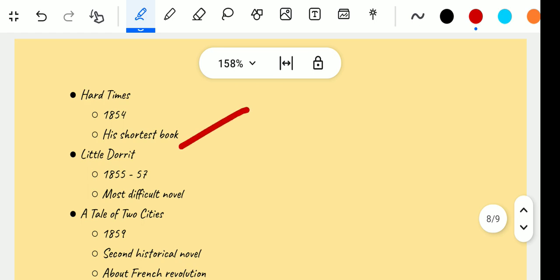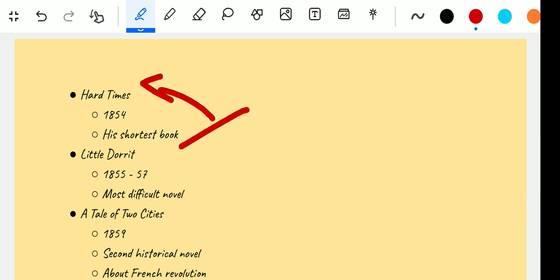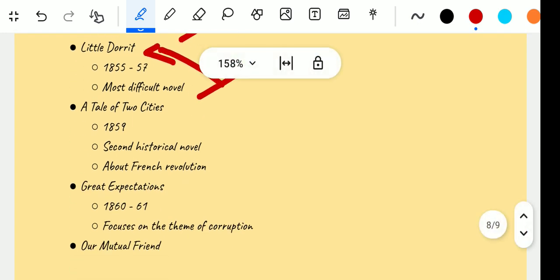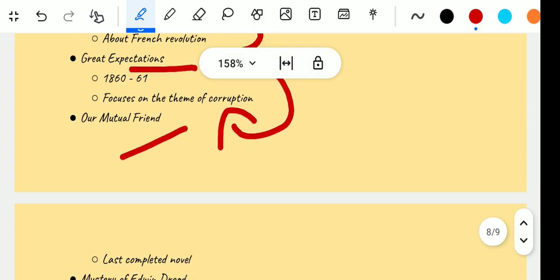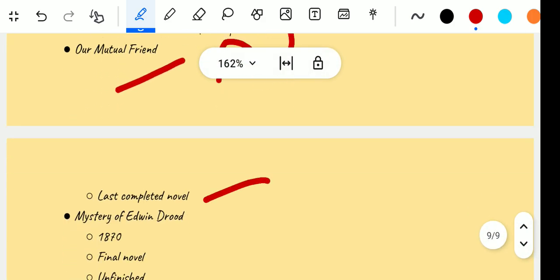His shortest book is Hard Times, and his most difficult novel is Little Dorrit. His Tale of Two Cities, we have already seen, was a historical novel about the French Revolution. His Great Expectations speaks about corruption.